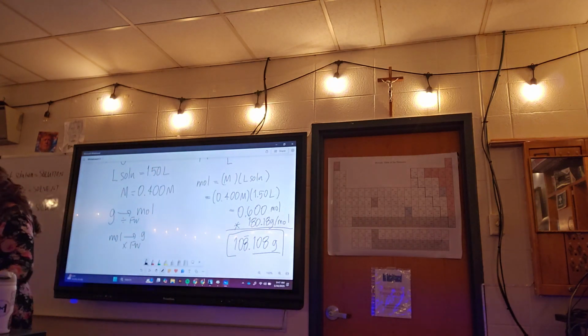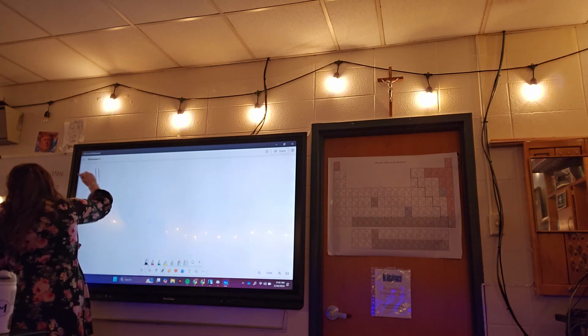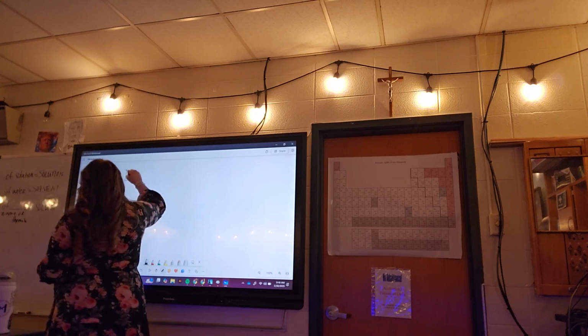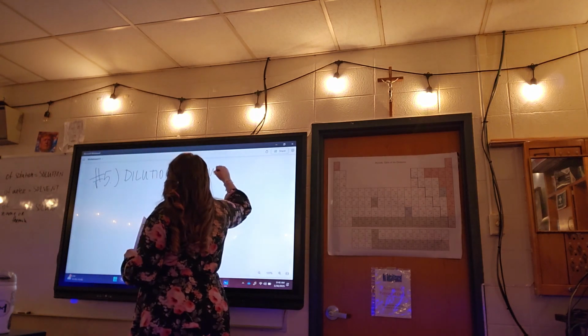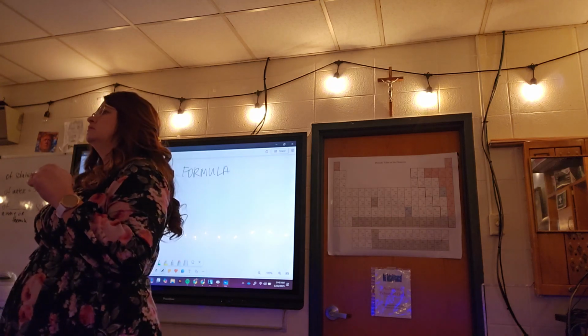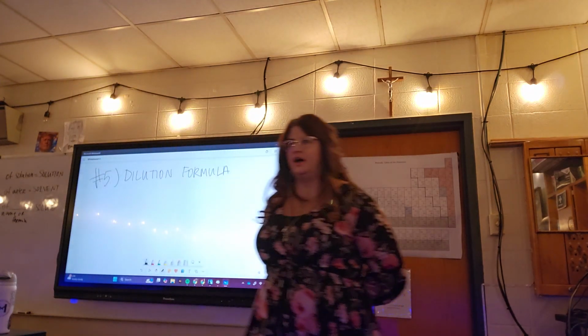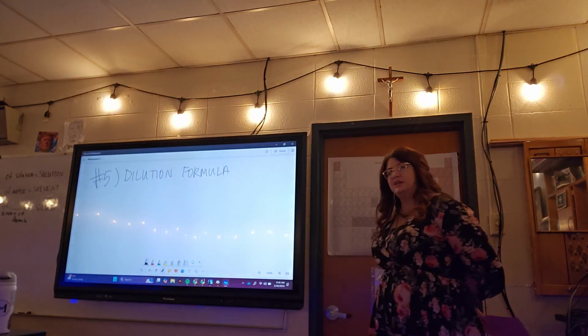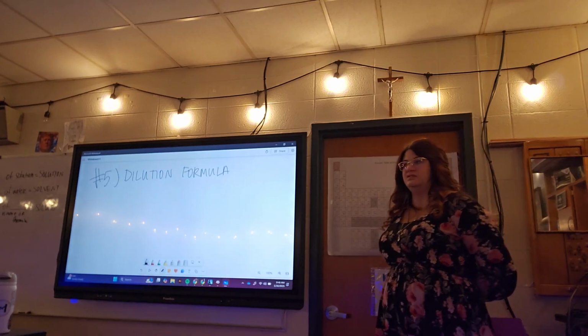Okay, so now that we've got molarity pretty good, let's talk about formula number 5, the dilution formula. So when I buy chemicals from the chemical store, you can buy chemicals in the concentrations that you need them, but it's pretty expensive to do that, especially since you might not know what kind of concentration of stuff you need.